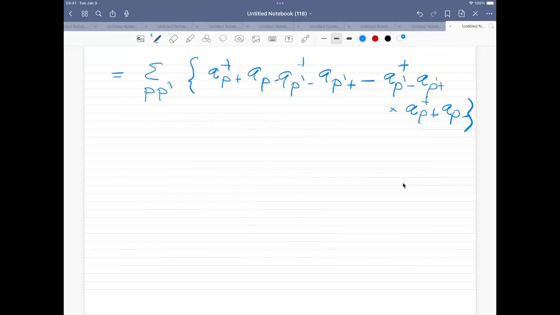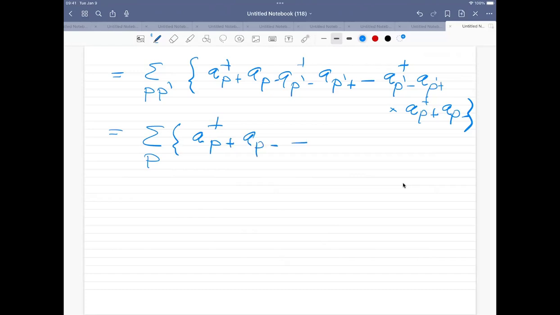If I use the anti-commutation rules on these two, so I actually normal order it, that will give me a Kronecker delta, delta between p and p prime. That is going to take away one of the sums over p and p prime. So the first term gives us a_p plus, a_p minus.